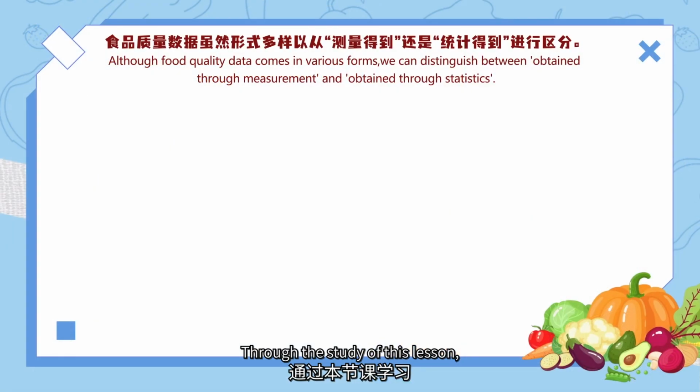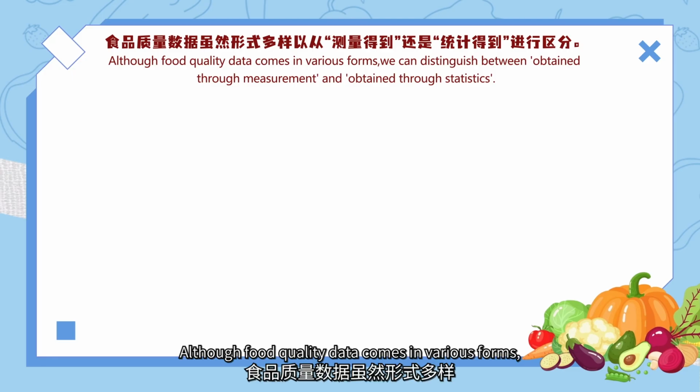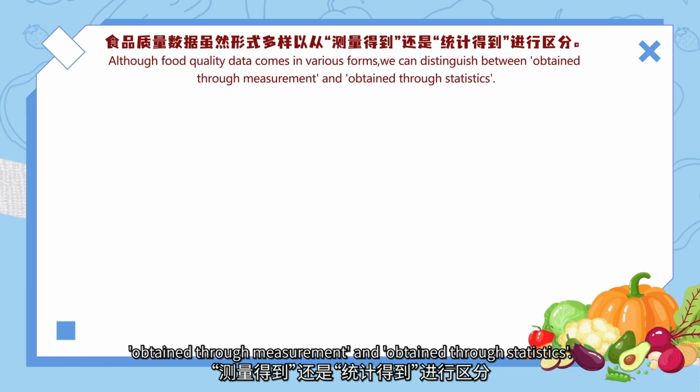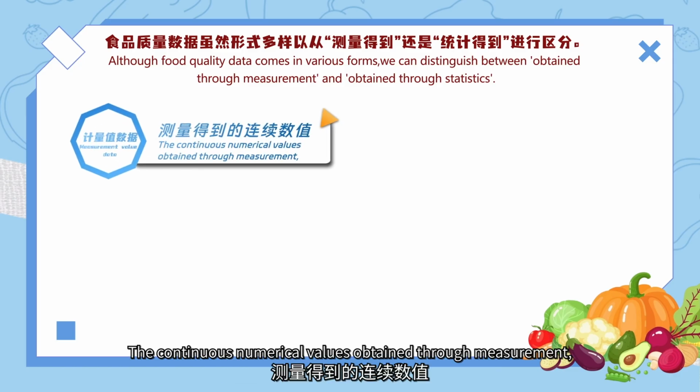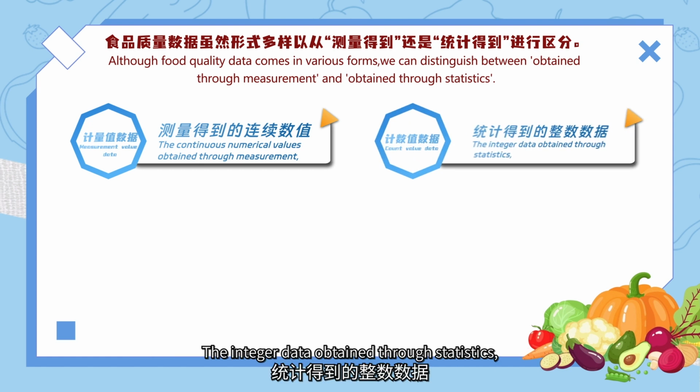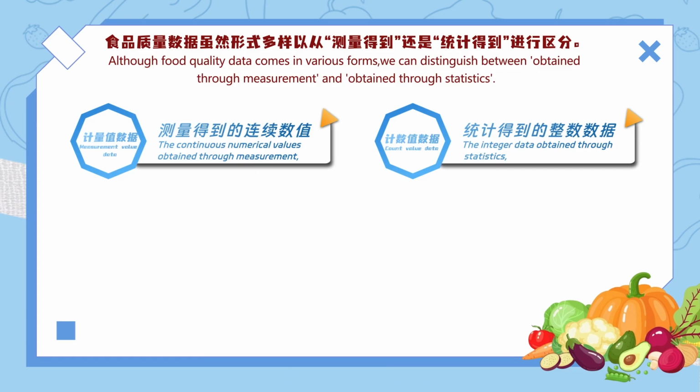Through the study of this lesson, we can see that although food quality data comes in various forms, basically, we can distinguish between obtained through measurement and obtained through statistics. The continuous numerical values obtained through measurement are mainly quantitative data. The integer data obtained through statistics is mainly count value data.